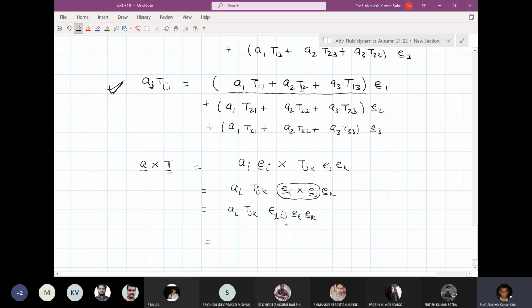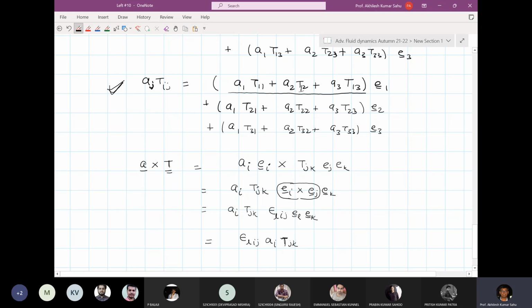Or I can simply write this as epsilon_lij A_i T_jk. I've dropped the unit dyad. So this is my final expression: epsilon_lij A_i T_jk. Can you tell me what is the order of this resultant quantity?